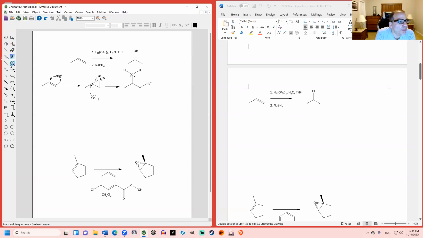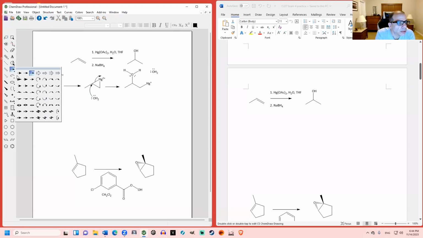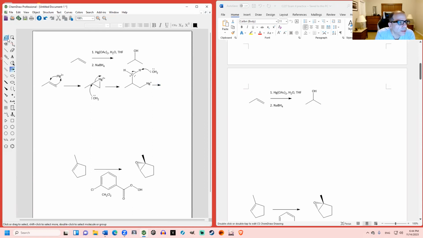Next, we need to get rid of the plus charge on oxygen. And the way we'll do that is by deprotonating the oxygen with another water molecule. So water picks off the proton from that oxygen. Now it's just an OH group.